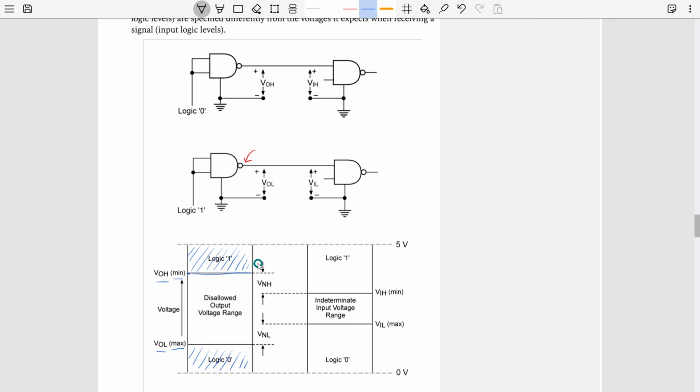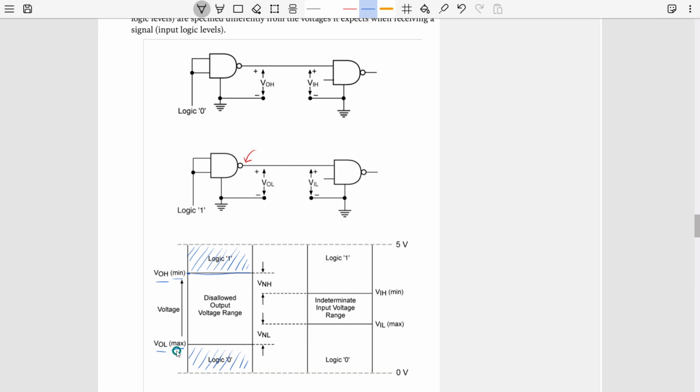Similarly, this same concept can be explained for the low signal. For the low signal, this is the region which is permissible, right? If it wants to output logic 0, then it has to be within this region, but it can never go above this line. That is the idea. This voltage, defined for this logic family, is VOL.